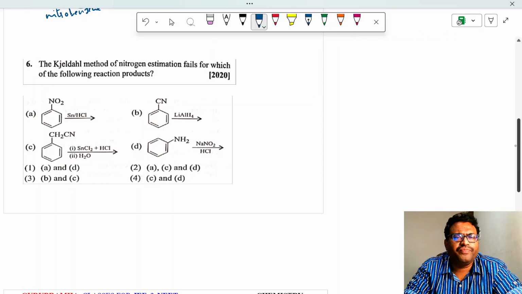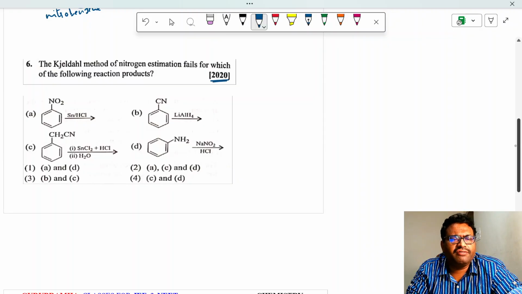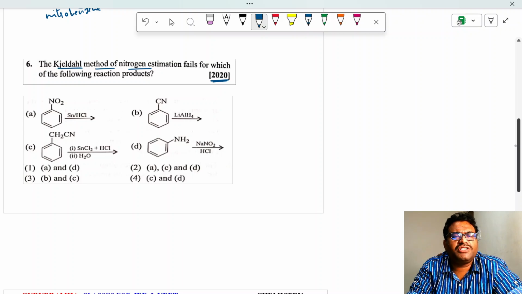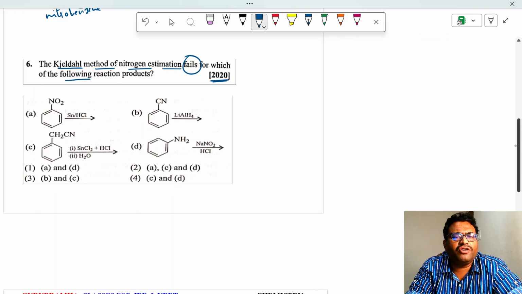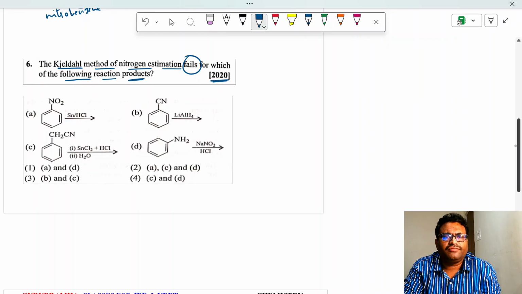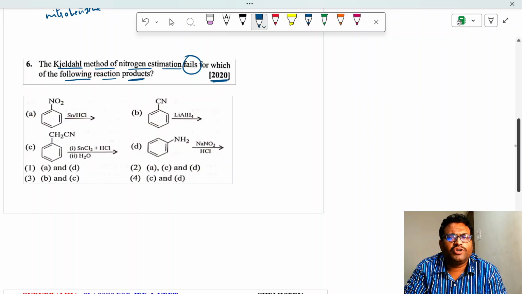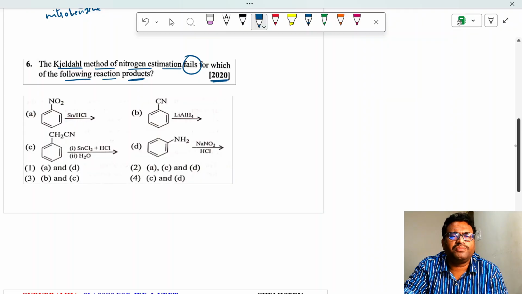Next, coming to the question asked in 2020. The Kjeldahl method of nitrogen estimation fails for which of the following reaction products? Okay, the product you have to see. So option A: the nitro group, when it undergoes reduction with Sn and HCl, what product is formed?